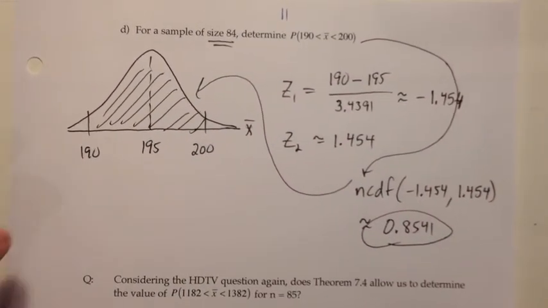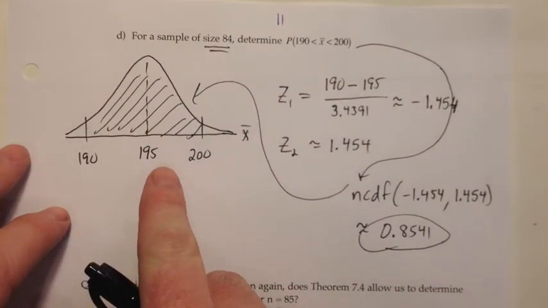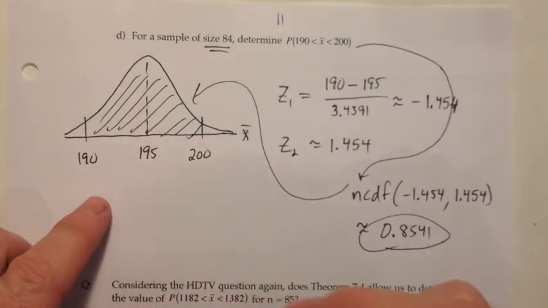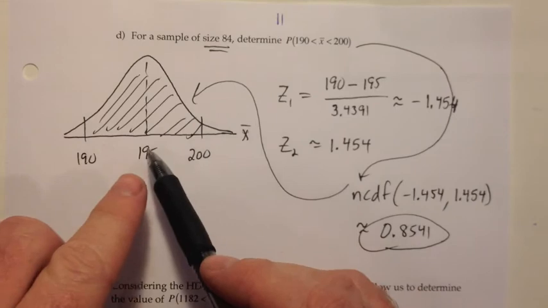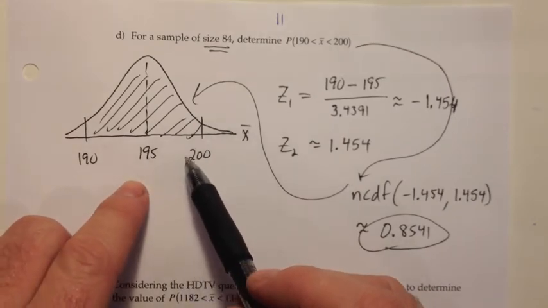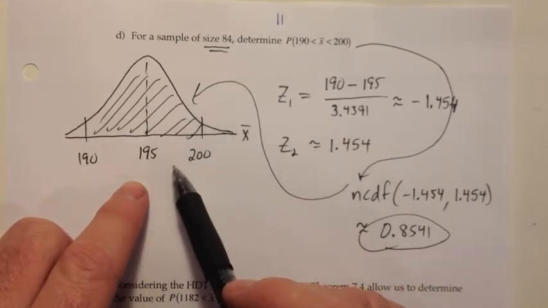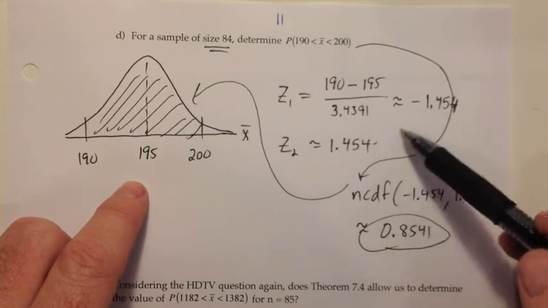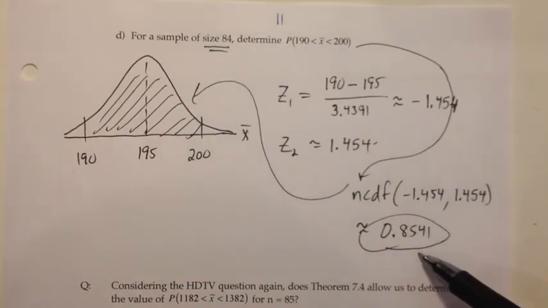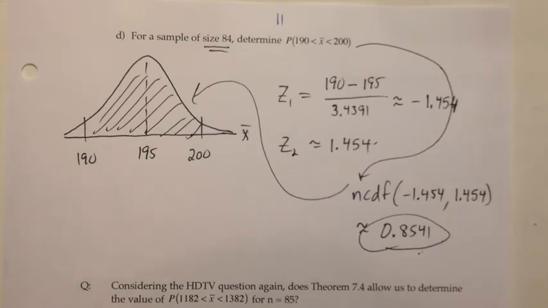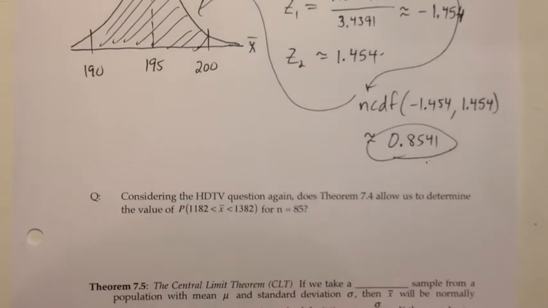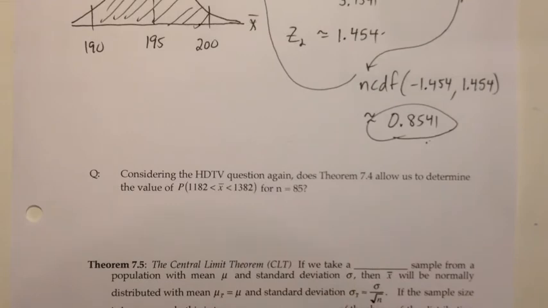We didn't show it in the picture, but that means this picture is actually narrower and therefore taller, and the boundaries stay put. So if your curve gets narrower and taller while the boundaries stay in the same place, you're going to have a higher chance of landing in between those. And we see that because the z-scores become bigger, and we get this bigger area, better chance of getting paid, about 85%.